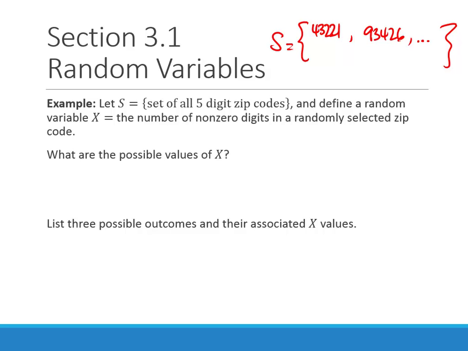But we're going to translate that using a random variable into a number by saying that X is the number of non-zero digits in some randomly selected zip code. So what possible values of my random variable could I get here? If I'm looking at the number of non-zero digits, what are my possible values? I think I heard it. 1 through 9?